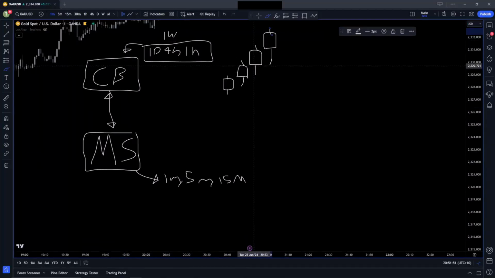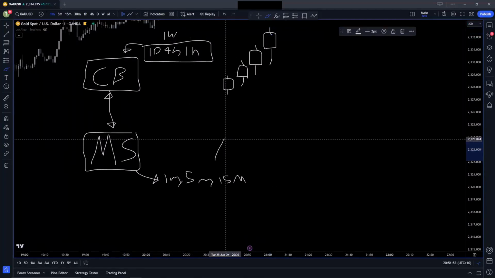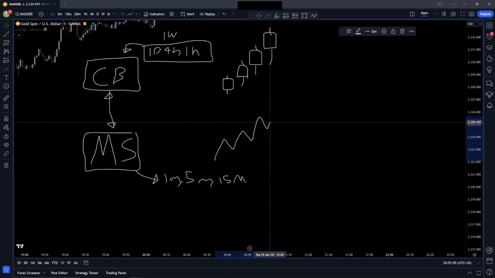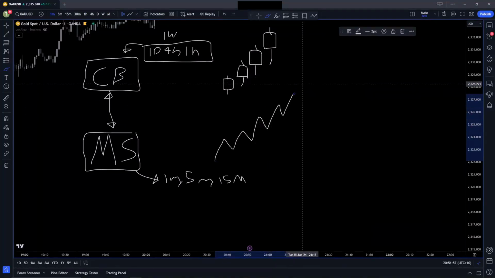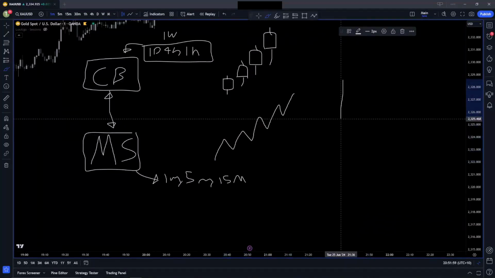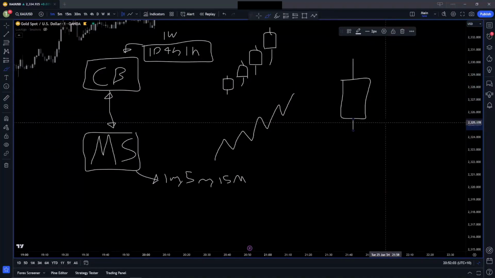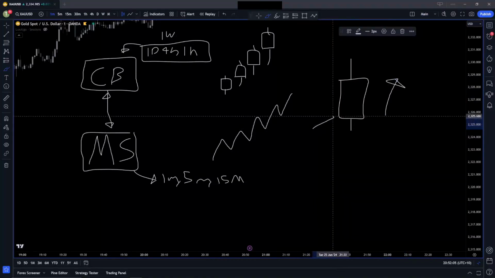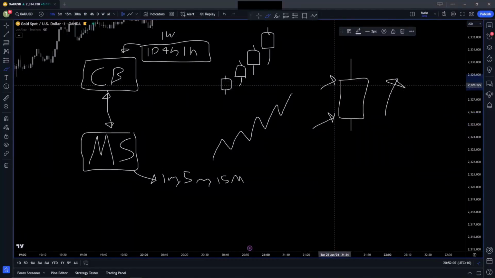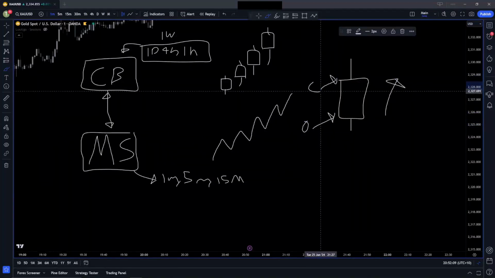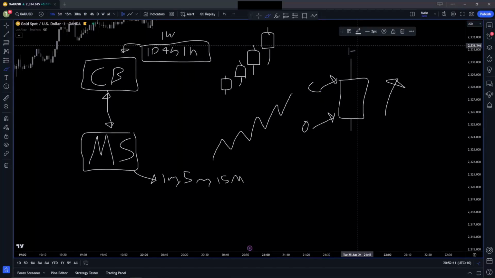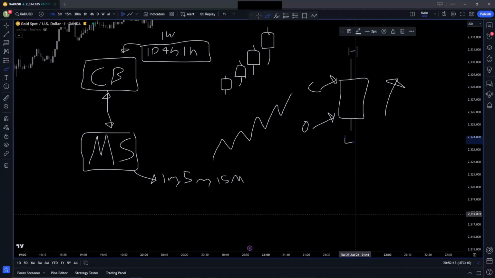Market structure wise, what this would look like, you're making higher highs and higher lows. What is the anatomy of a candle? Each candle, if this is a bullish candle, is an open, a close, a high and a low.